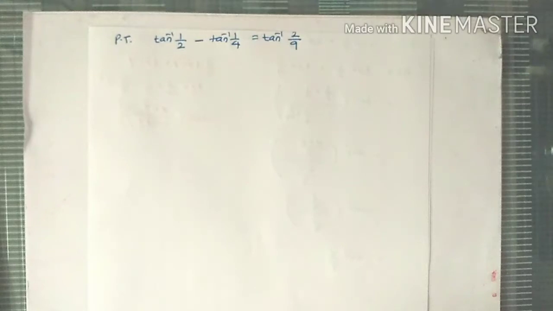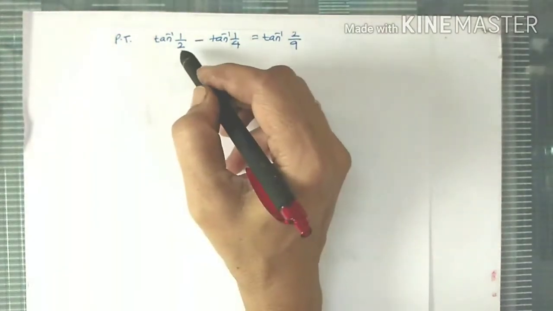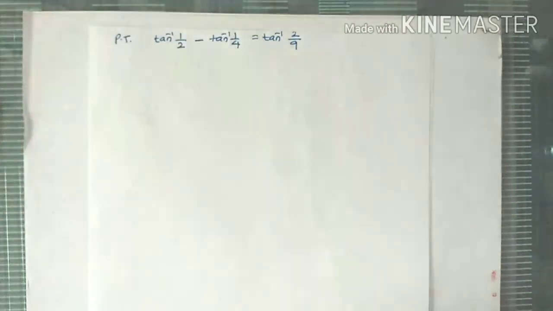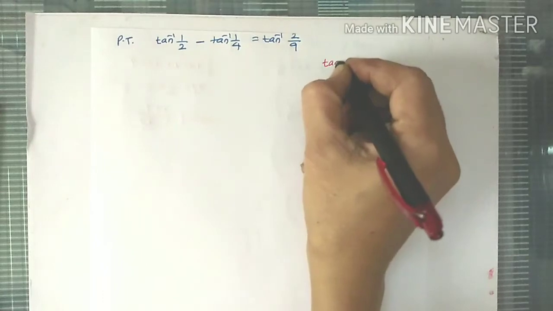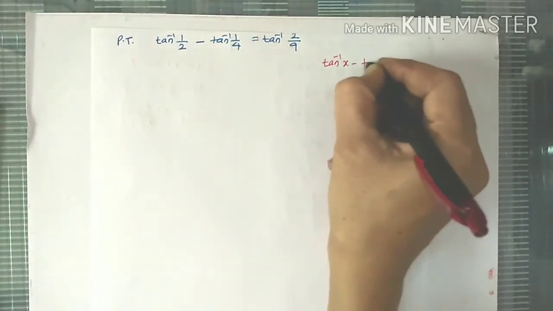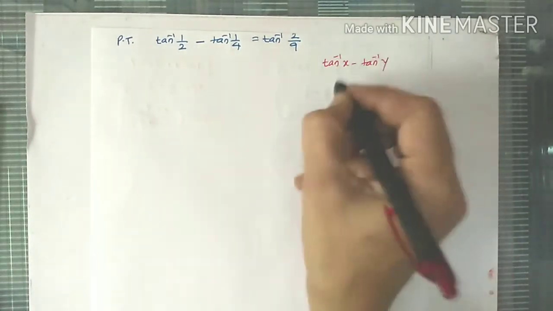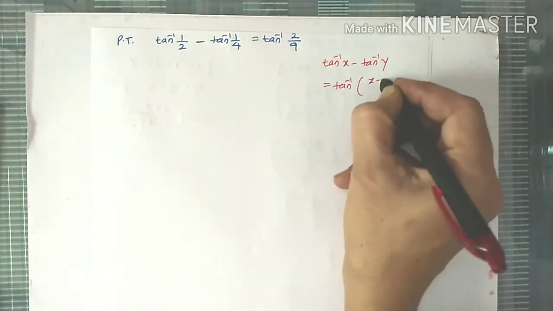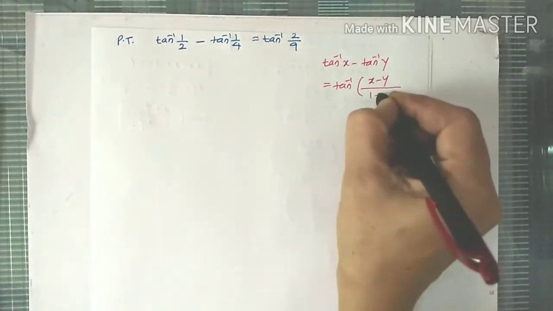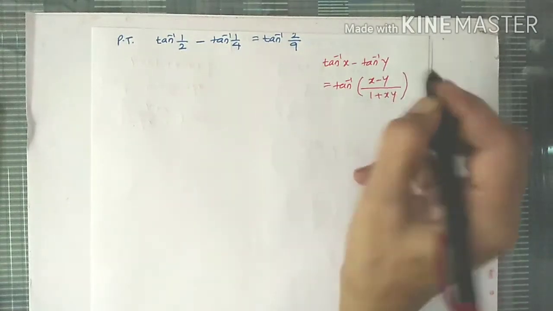So the first question given is, prove that tan inverse of 1 by 2 minus tan inverse of 1 by 4 equal to tan inverse of 2 by 9. Now the left hand side is in the form tan inverse x minus tan inverse of y, and the property is tan inverse of x minus tan inverse of y equals to tan inverse of (x minus y) upon (1 plus xy).